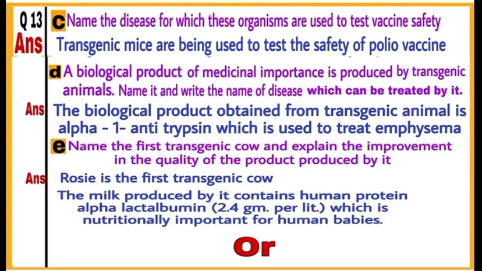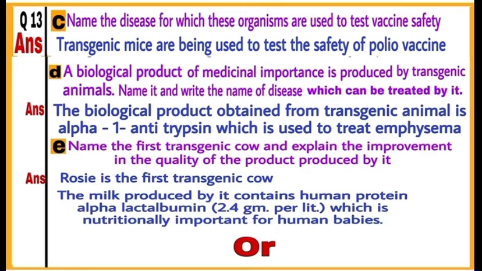Part D. A biological product of medicinal importance is produced by transgenic animals. Name it and also write the name of disease which can be treated by this biological product. Name of biological product is alpha-1 antitrypsin और इसको यूज़ किया जाता है for the treatment of disease emphysema.